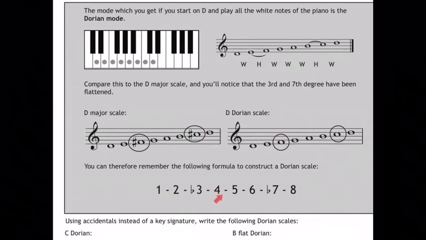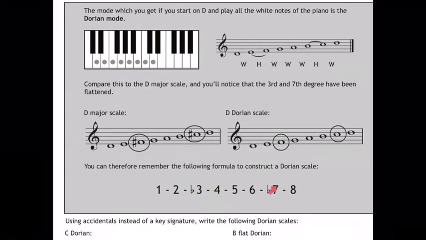A Dorian scale is simply a major scale, starting on the same note, but with a lowered 3rd and a lowered 7th. So what is normally the 3rd note, F sharp, gets lowered to F natural. What is normally the 7th note, C sharp, gets lowered to C natural.